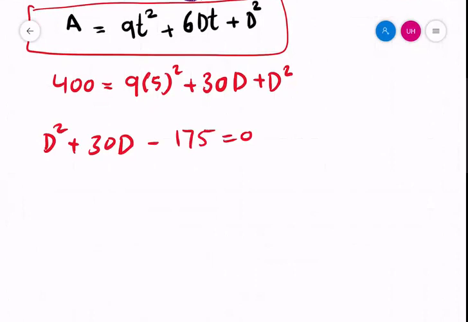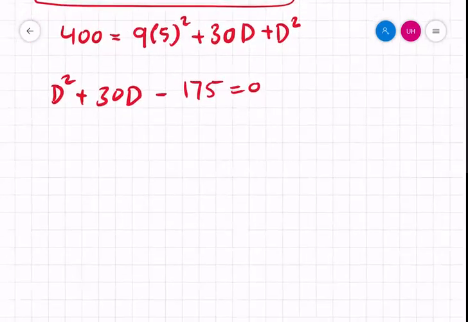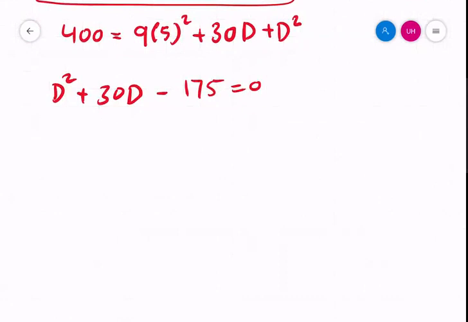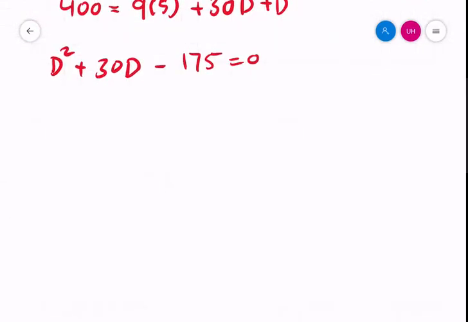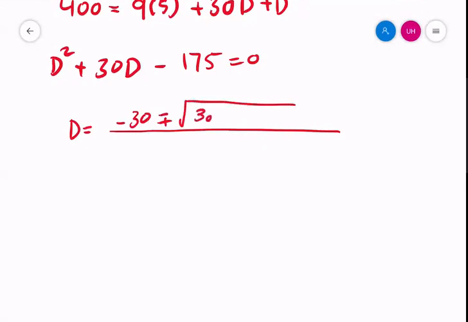So now we have an equation. We can find d by expanding, factorizing, or if you want to use the formula, d equals minus 30 plus or minus root 30 squared minus 4 times minus 175, all divided by 2.